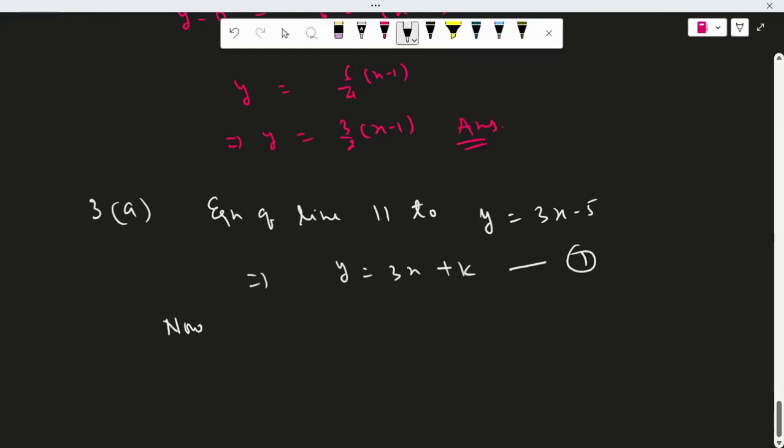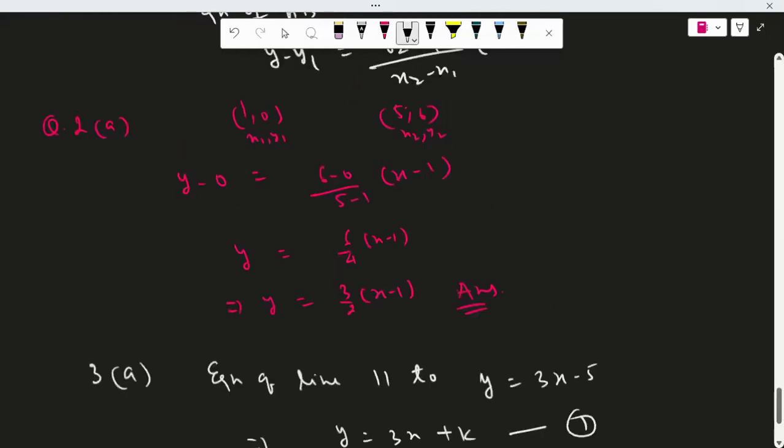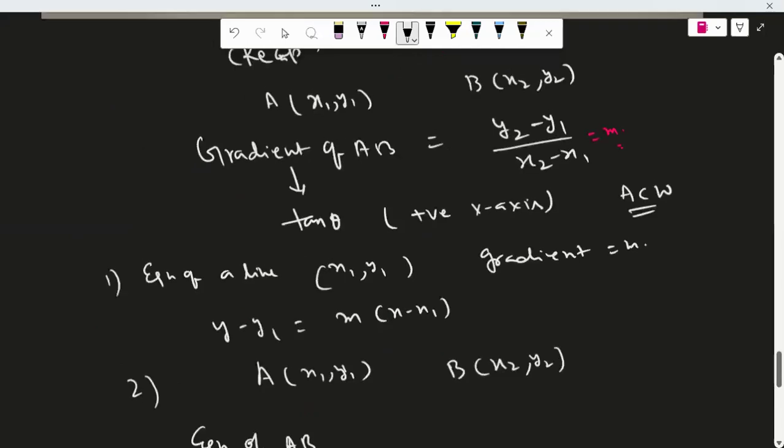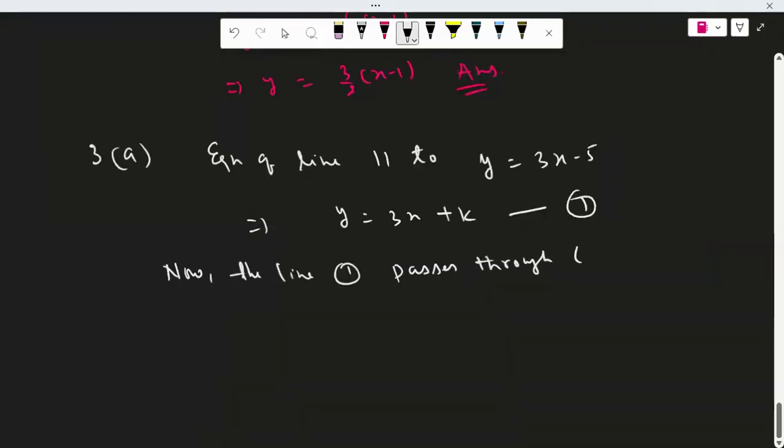Now the line passes through (1, 7). So we will put this value in equation 1.